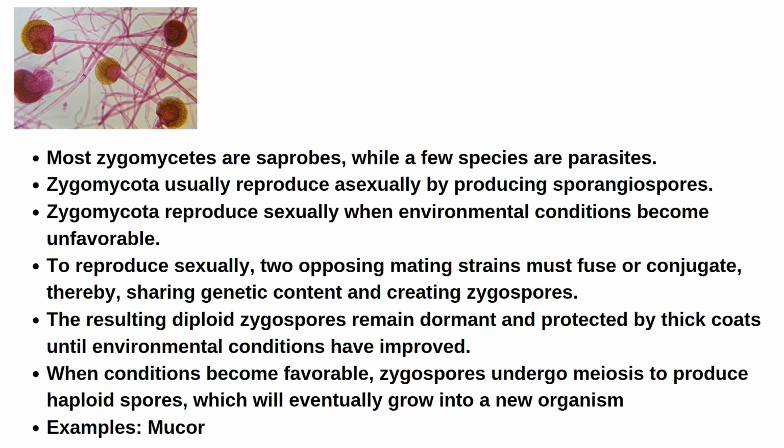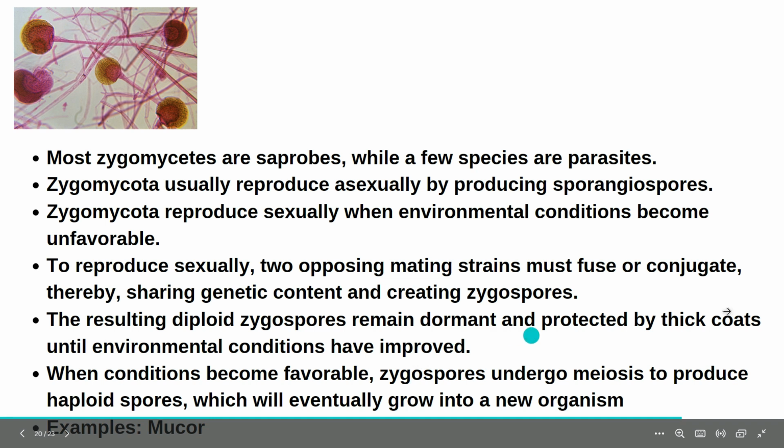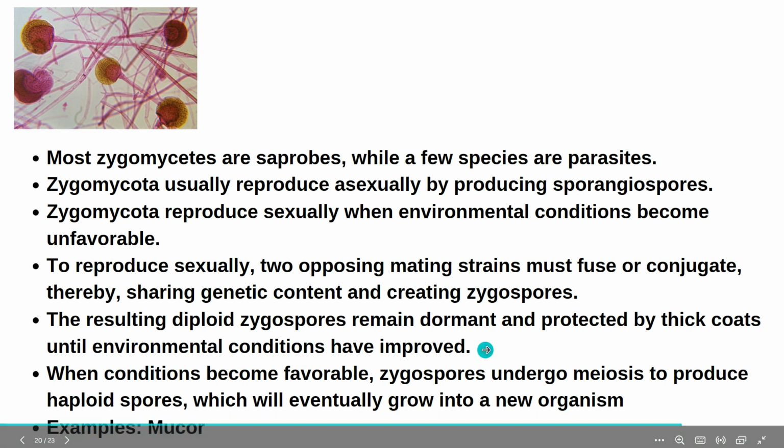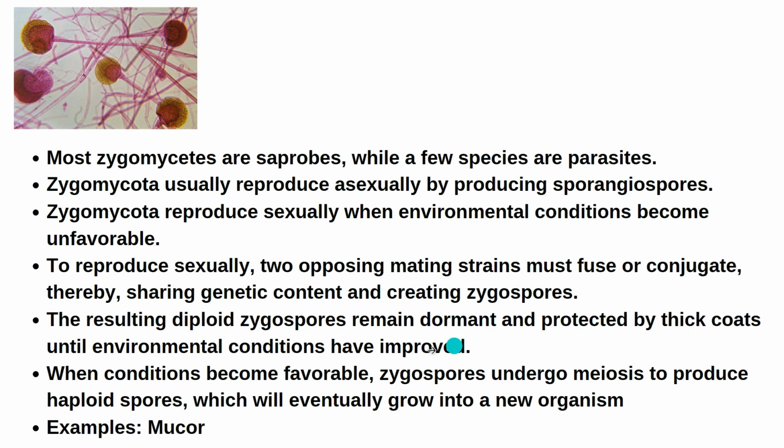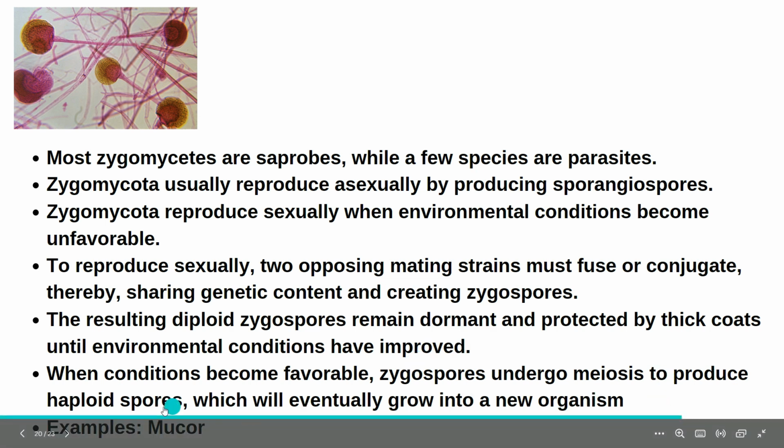To reproduce sexually, two opposite strains fuse or conjugate and share the genetic content to create a zygospore. The resulting diploid zygospores remain dormant and protected by a thick coat until environmental conditions are favorable. When they are favorable, this zygospore undergoes meiosis to produce haploid spores, which will eventually grow into a new organism.